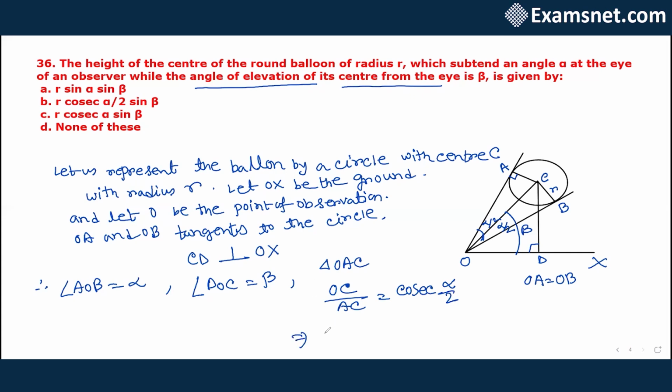That means OC equals R cosec alpha by 2, since AC is R.